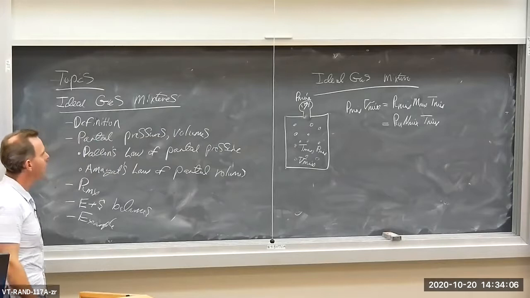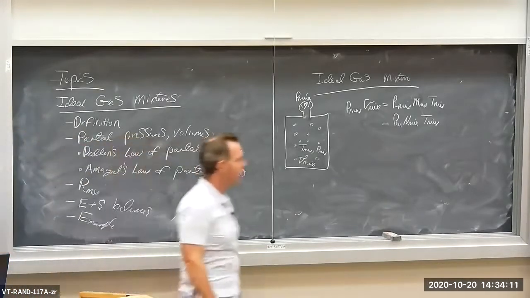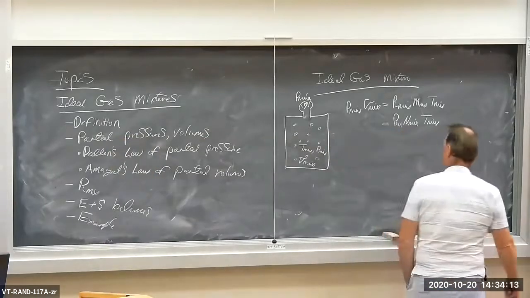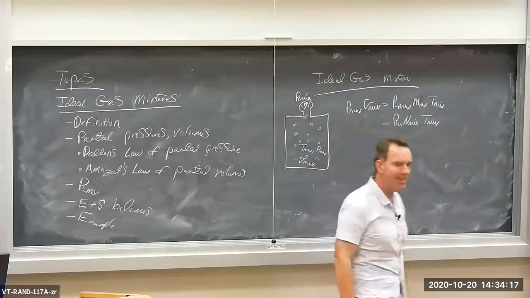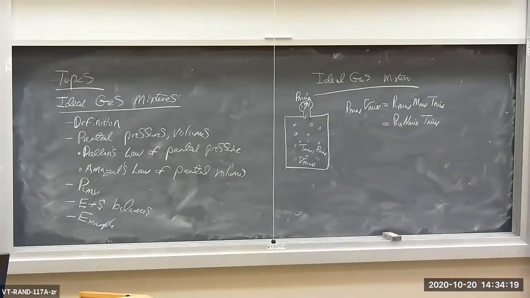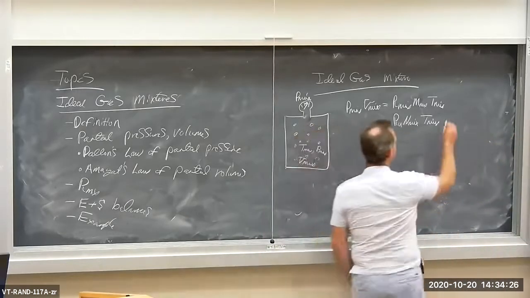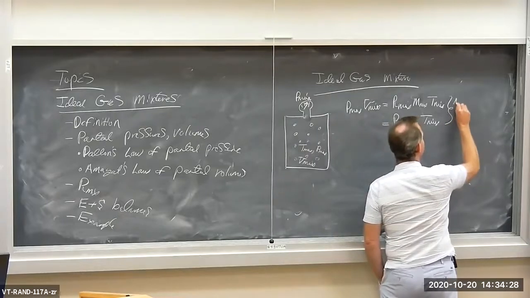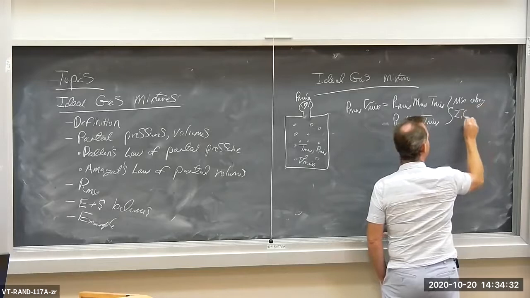And so the mixture behaves as an ideal gas. So that's the first requirement. The second requirement, we'll talk about this in a moment, is that each component, each chemical component, also behaves as an ideal gas. So this is for the mixture. The mixture obeys the ideal gas law.